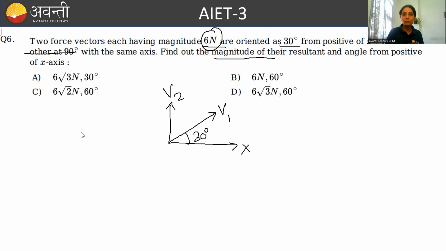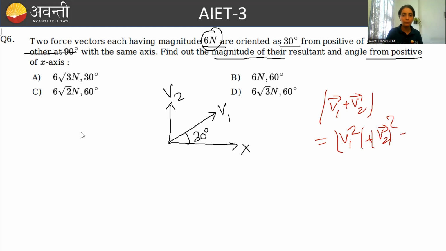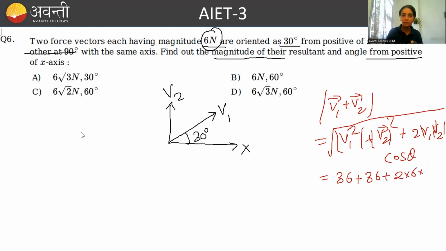So first we have to calculate the magnitude of their resultant, and then we have to calculate how much angle the resultant will make with the x-axis, right? So let's first calculate the resultant. If you take the modulus of v1 plus v2, what will it be? It is root over v1 square plus v2 square plus 2 v1 v2 cos theta, where theta is the angle between vectors v1 and v2. So mod v1 square is 36, mod v2 square is 36, plus 2 into 6 into 6 into cos of the angle between these two vectors, which is 60 degree.